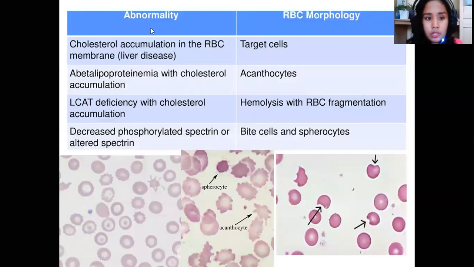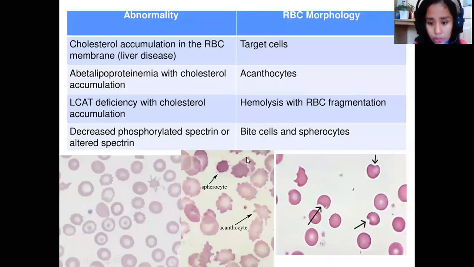Example, if there is excess cholesterol accumulation in cases of liver disease or fatty liver disease, there can be the formation of target cells. So dito sa baba, yung image na to, ito yung target cell. So parang may bullseye sa gitna. And target cells are due to cholesterol.